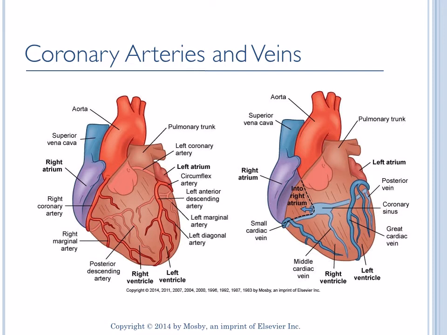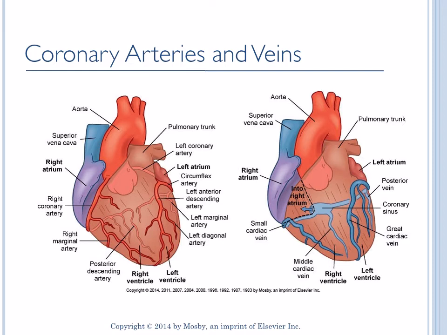The left coronary artery comes out from the aorta, and then it divides into two main branches, the left anterior descending artery and the left circumflex artery. I will repeat this.